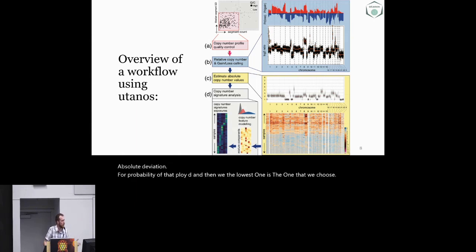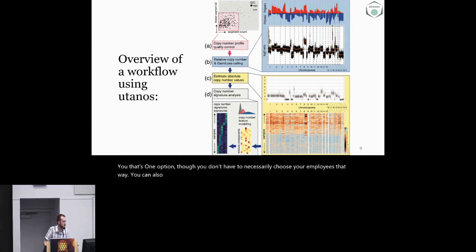That's one option though. You can also integrate targeted panel sequencing, and then use the variant allele frequencies as an approximate of the cellularity of that tumor. Or if you happen to have done FISH on some of the samples or some other modality to find ploidy, you can also use that. And Utanos actually has functionality for each of those cases where it will scale samples depending on that.